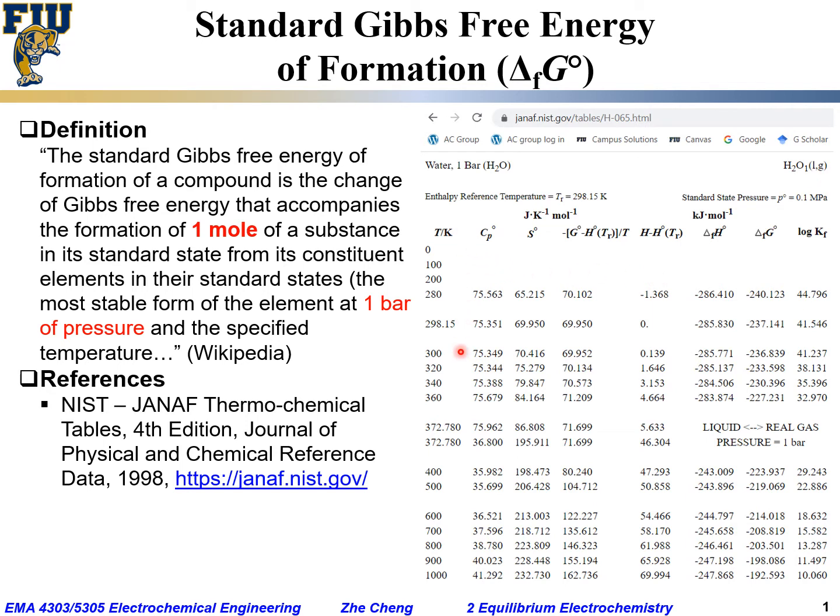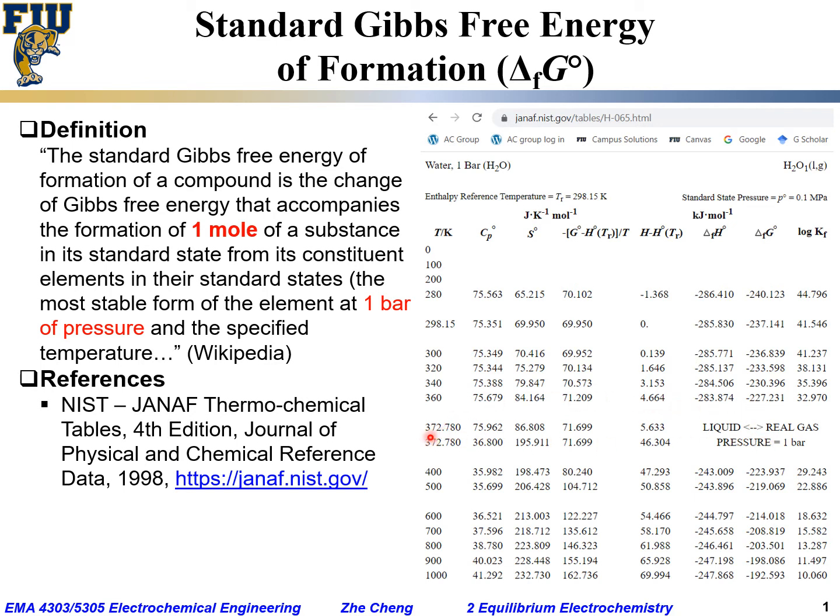Water, H2O, can exist as liquid or gas, and the table is tabulated for different temperatures in Kelvin. The column ΔfG° represents the standard Gibbs free energy of formation, and you can see they list the number at every certain temperature gap.